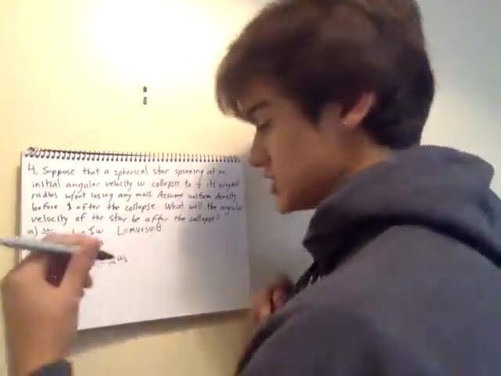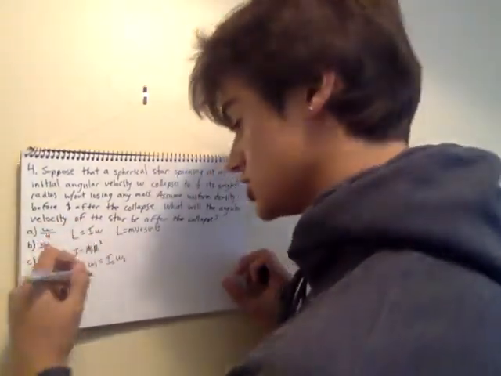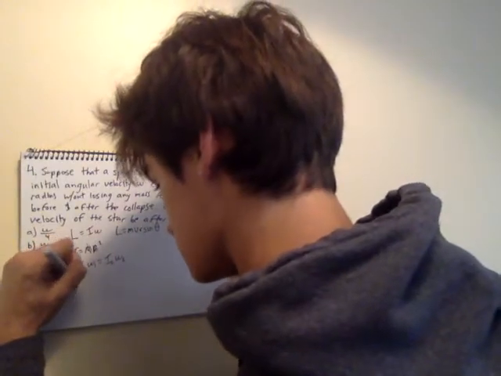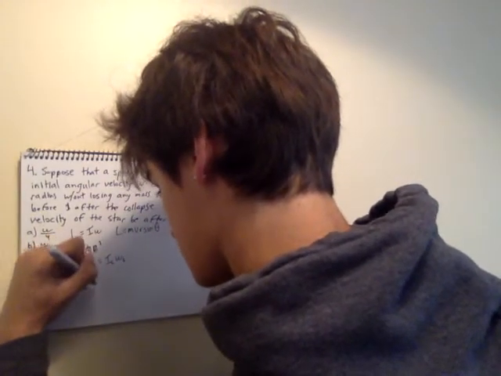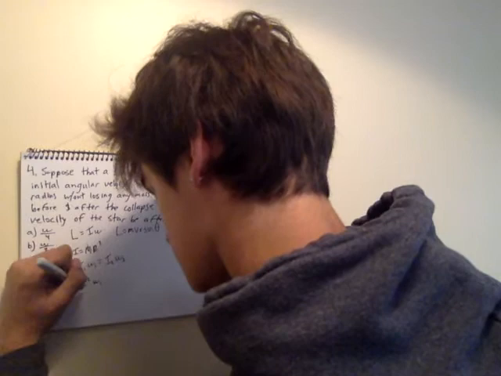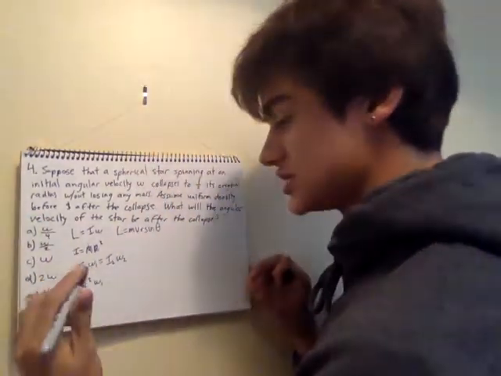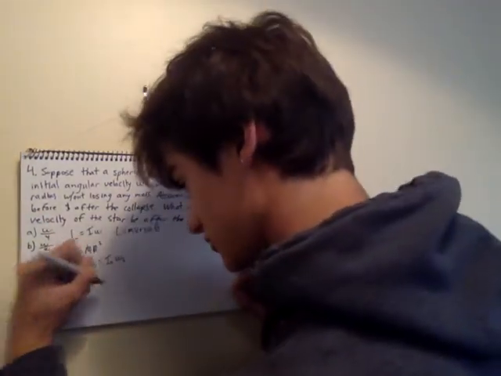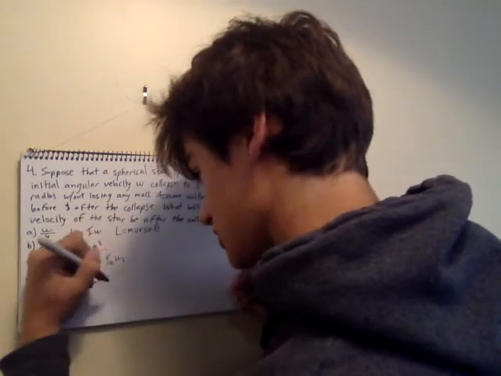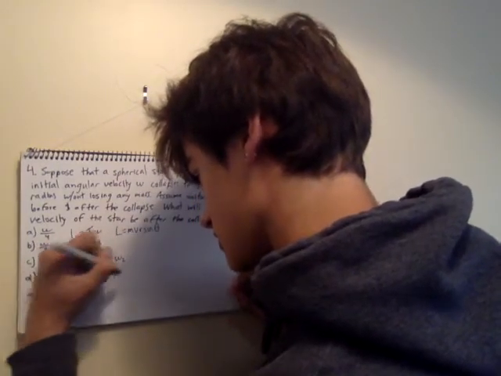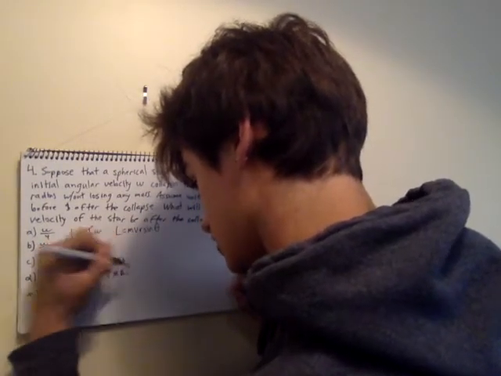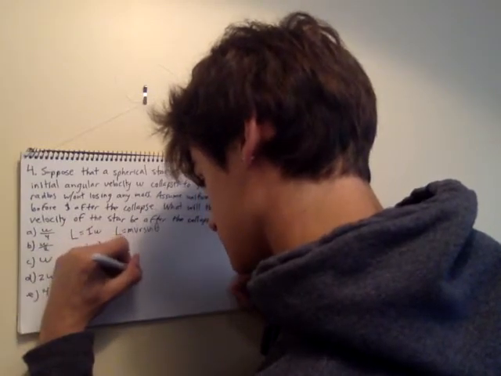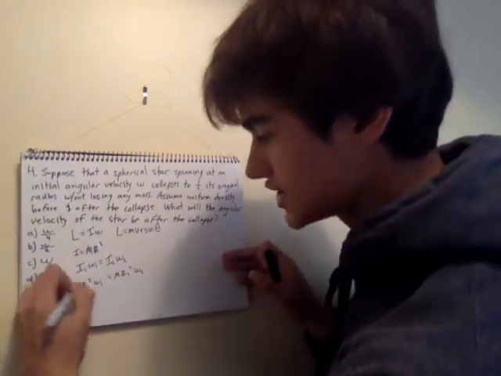We can just write this as: m is going to cancel out because this will be mr squared. So mass 1 and mass 2 are the same. So I1 is equal to m r2 squared times this. Masses cancel out right away.